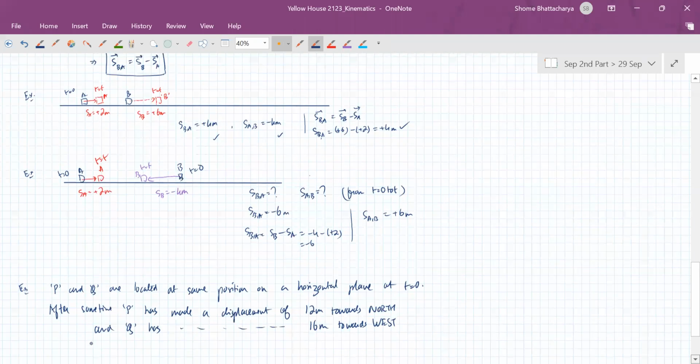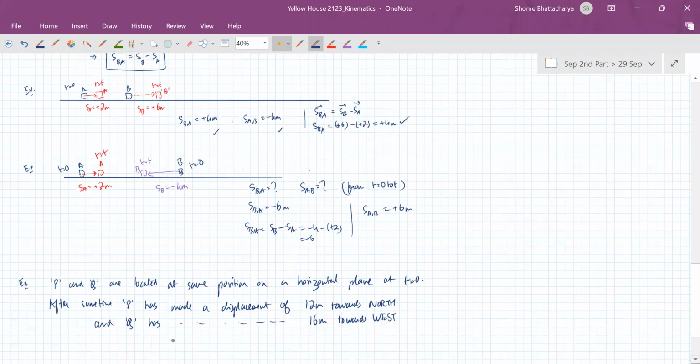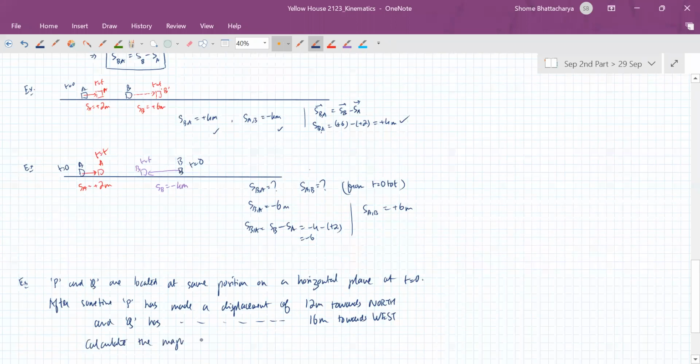So calculate the magnitude and direction of P's displacement relative to Q.